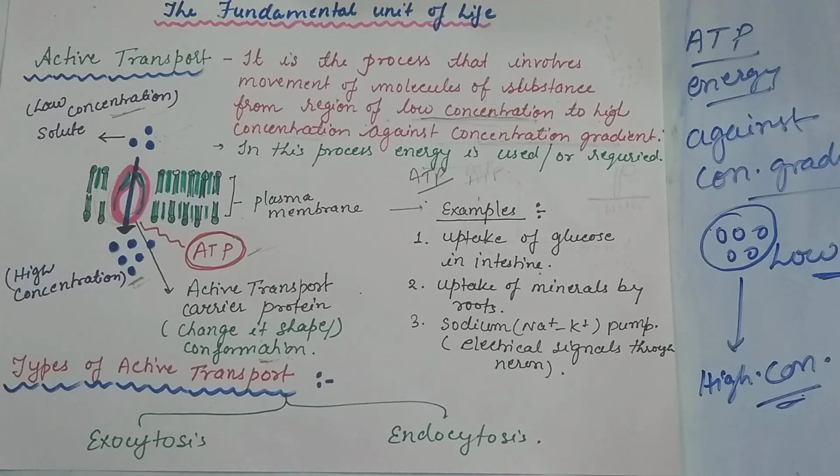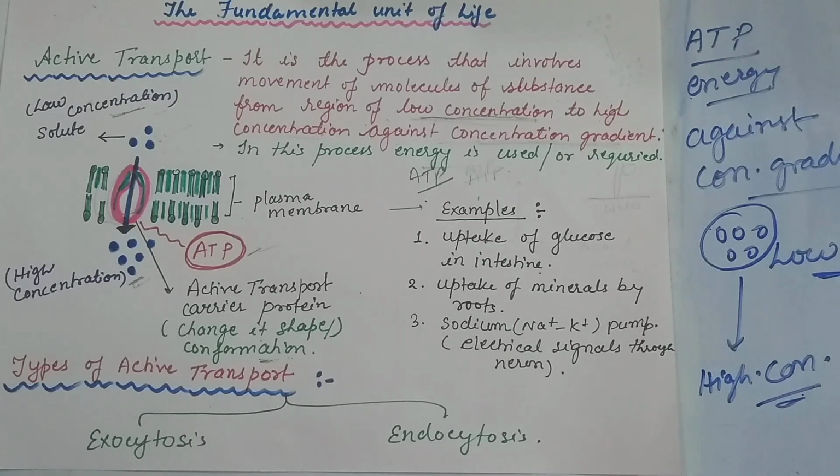First, active transport is an energy-driven process, meaning energy is required. Second, it is against the concentration gradient. These are the few points we have to keep in mind while studying active transport.